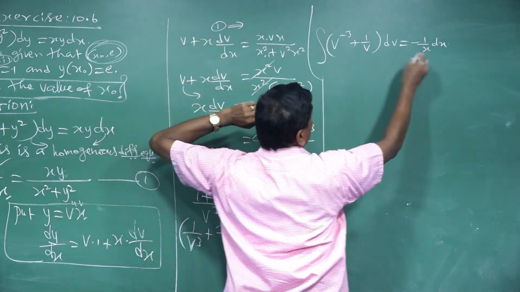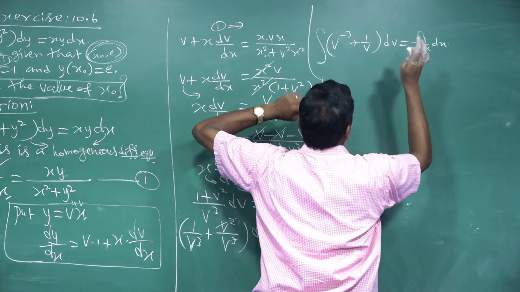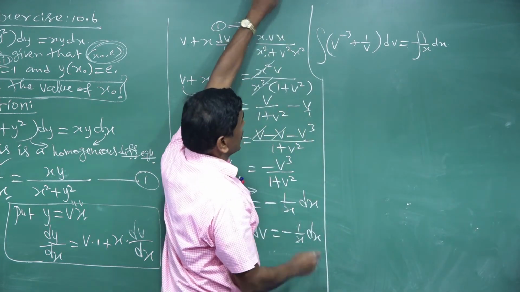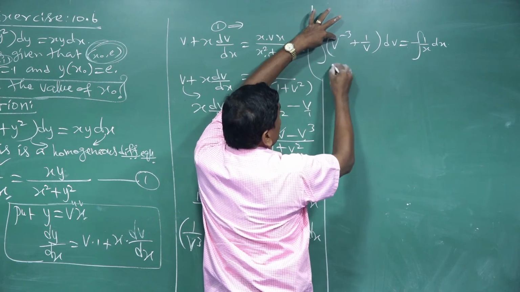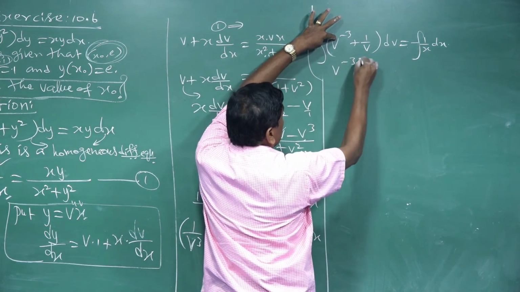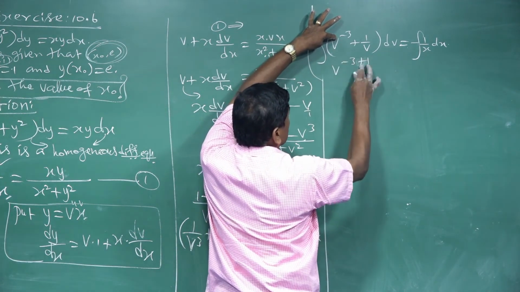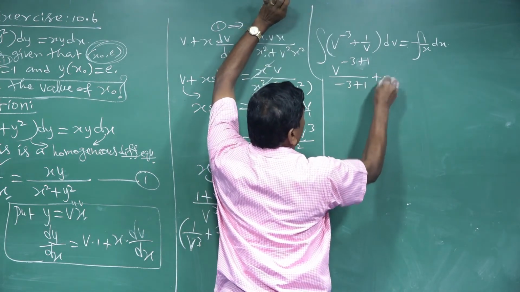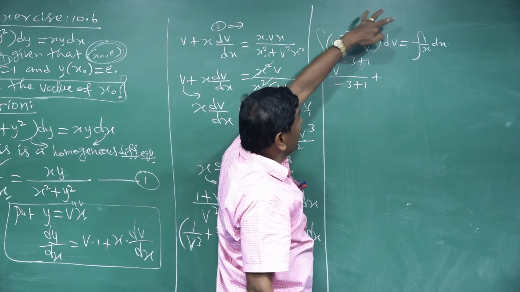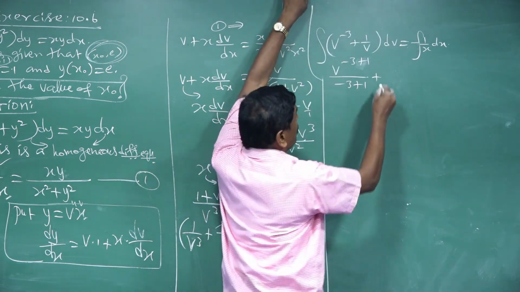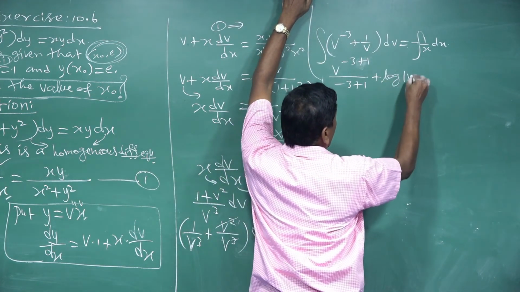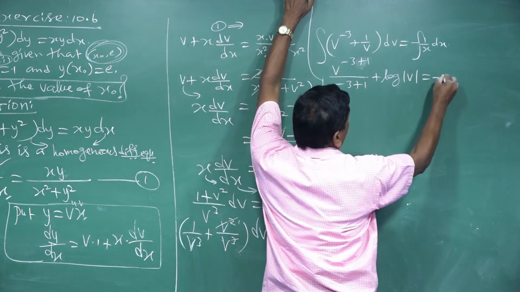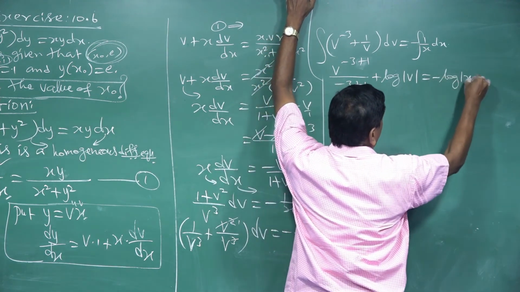Integral v power minus 3 dv is v power minus 3 plus 1 divided by minus 3 plus 1, plus integral 1 by v dv which is log v, equal to minus log modulus x.